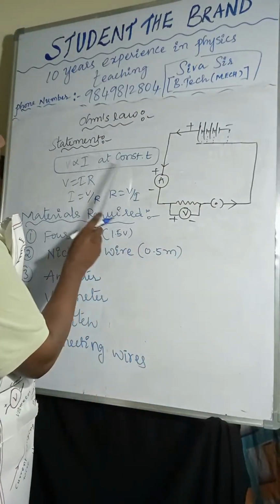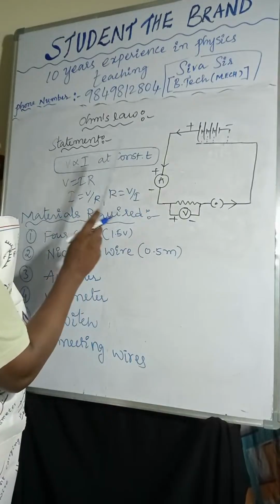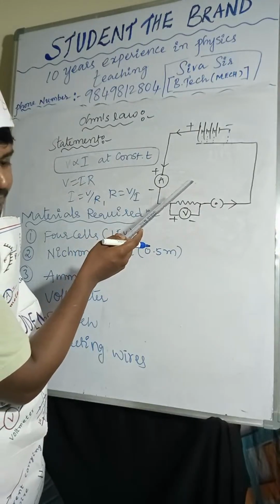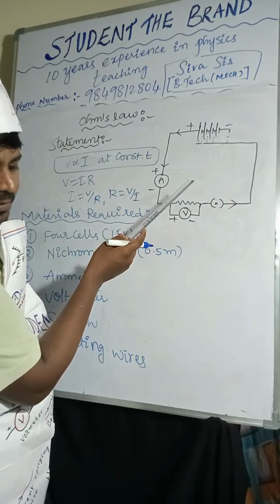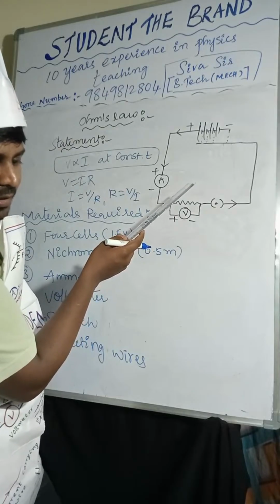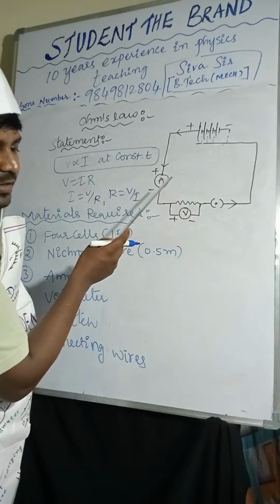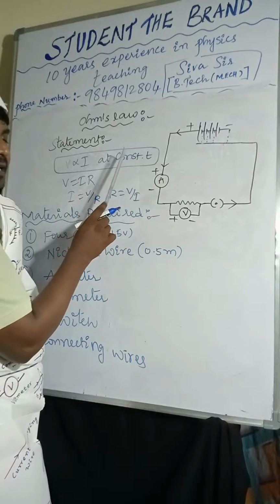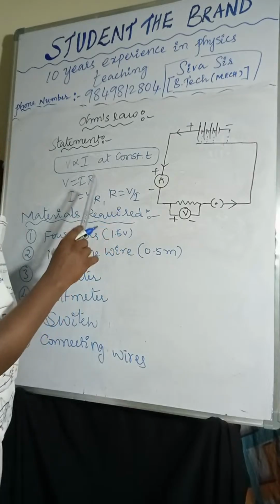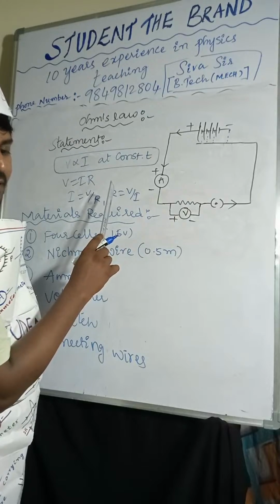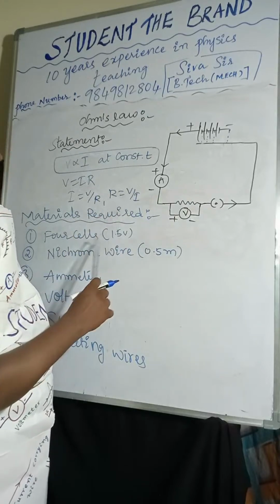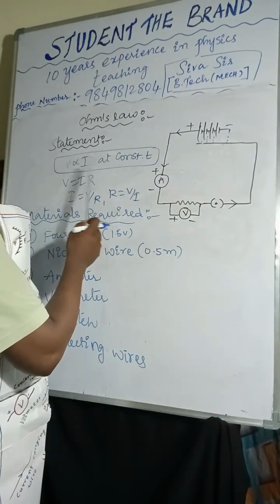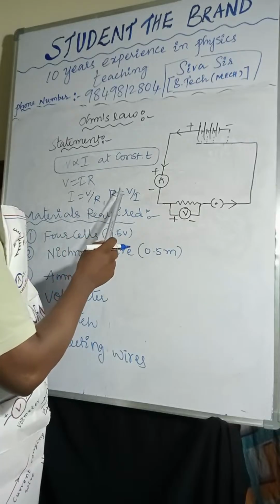At a constant temperature, the potential difference is directly proportional to the current flowing through it. Even physical conditions we can take. So V equal to IR, I equal to V by R.